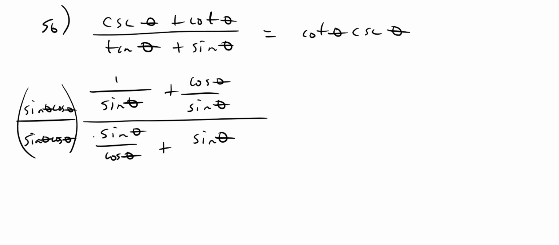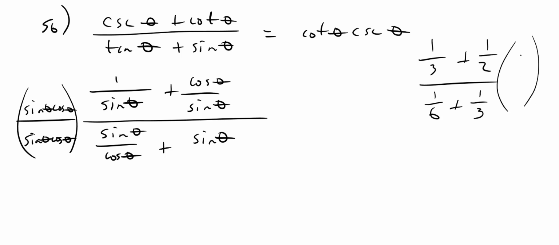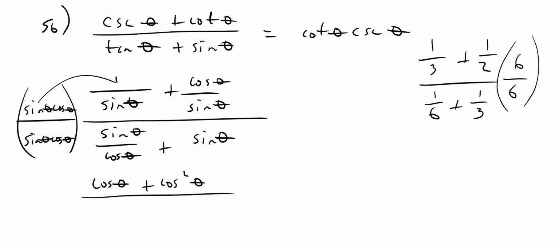We talked about getting that common denominator, right? Kind of like if I have 1/3 plus 1/2 over 1/6 plus 1/3, I would multiply the top and the bottom by the common denominator, 6 over 6. That would get rid of all fractions. So that's what I'm doing here. If I multiply the first one, the sines cancel out and I get cosine of theta. If I multiply the second one, the sines cancel out and I get plus cosine squared of theta. On the bottom, I multiply, the cosines cancel out and I get sine squared of theta.